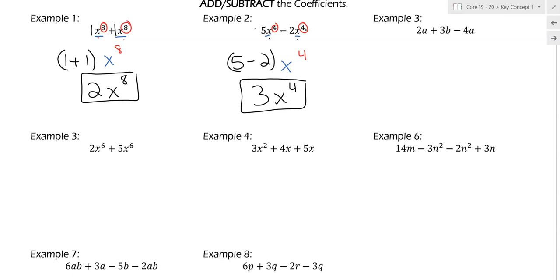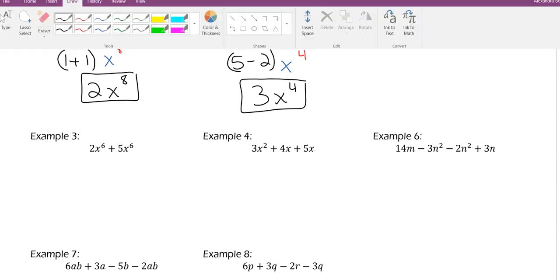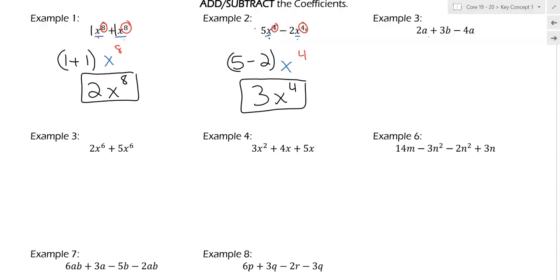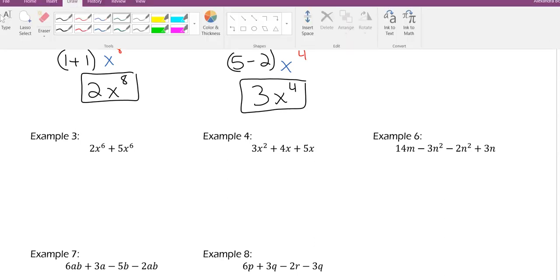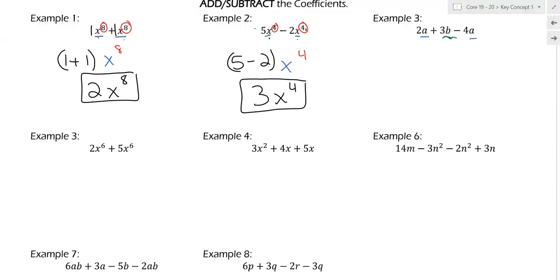Alright, looking at example 3. 2a plus 3b minus 4a. You look here, this is an a and this is an a. However, this is a b. They have no exponents, so I don't have to worry about that, but I do have different variables. So I can only combine the a's together.